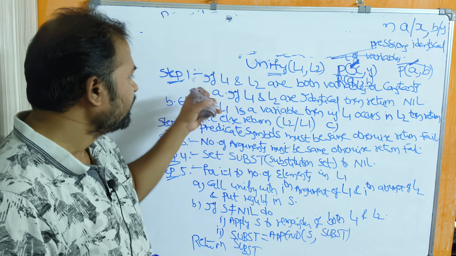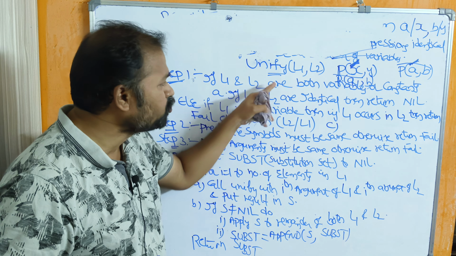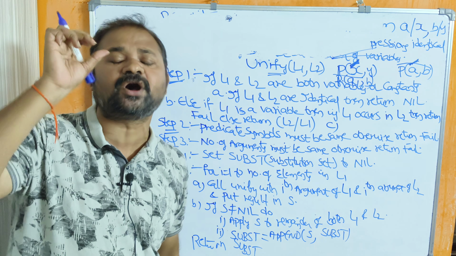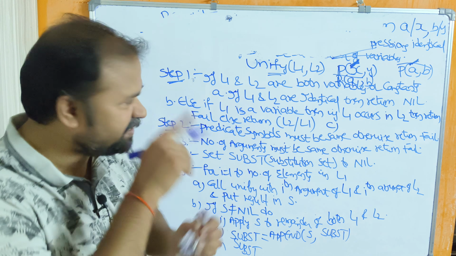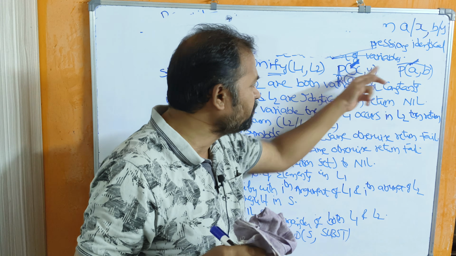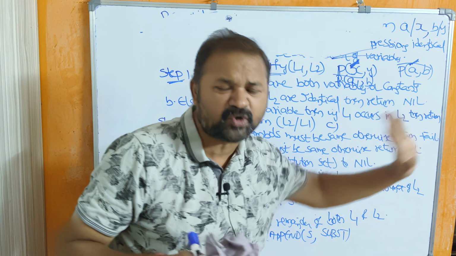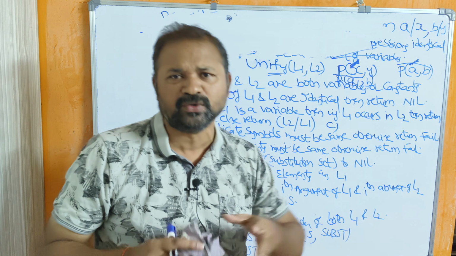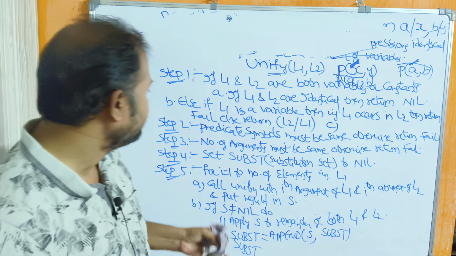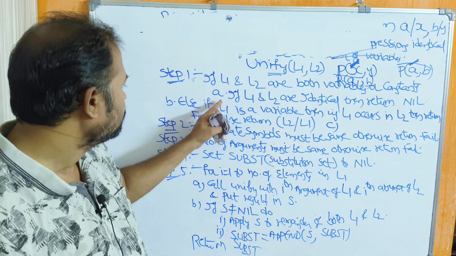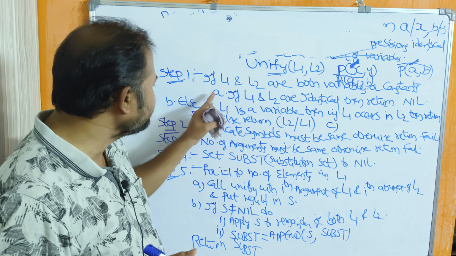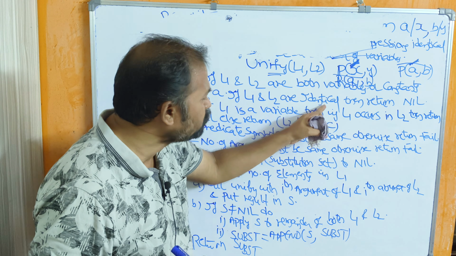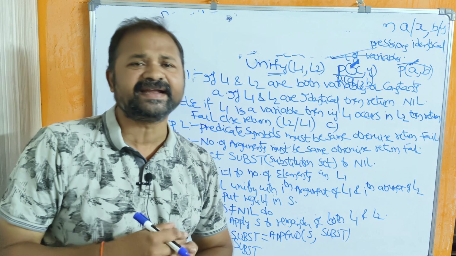Step 1: If L1 and L2 are both variables or constants. That means if L1 is a variable, then L2 must also be a variable, and if L1 is a constant, then L2 must also be a constant. Then step 1a: if L1 and L2 are identical, then return nil.